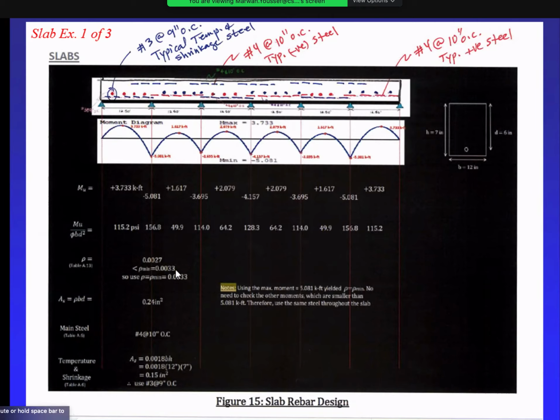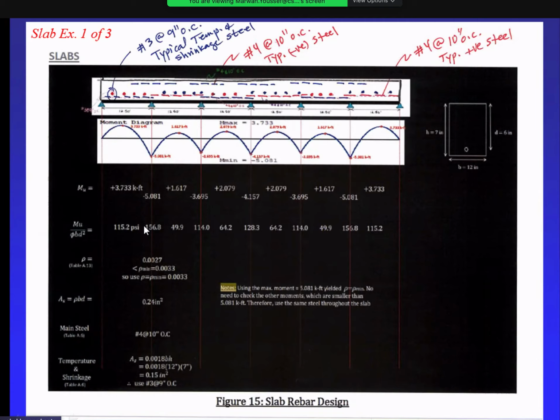I'm gonna use rho minimum because the code tells me rho cannot be less than 0.0033. So I came up with 0.0027, then I must use the rho minimum. Is that clear? See the importance of rho minimum, we always check. So use rho equals rho minimum equals 0.0033. All right? Does that make sense?